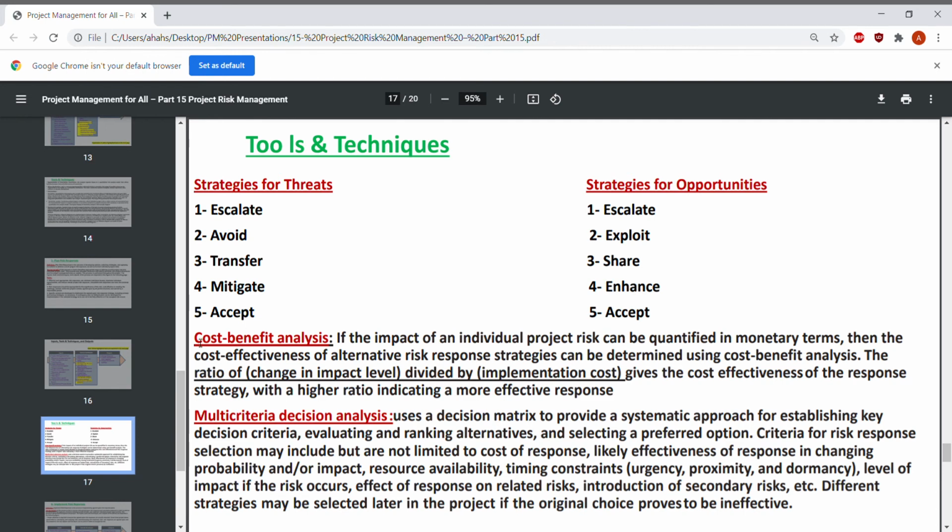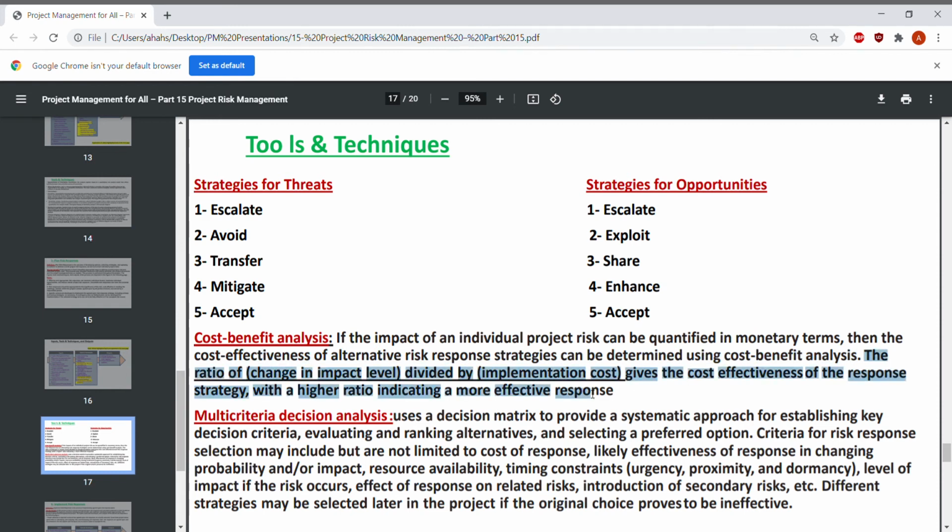The second tool, the cost benefit analysis. If the impact of the individual project risk can be quantified in monetary terms, say it will cost so much, then the cost effectiveness of the alternative risk response strategies can be determined using the cost benefit analysis.